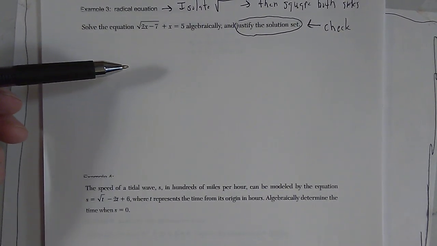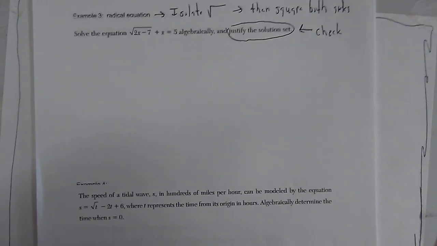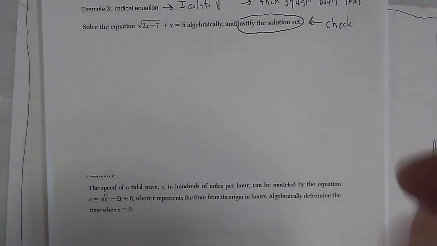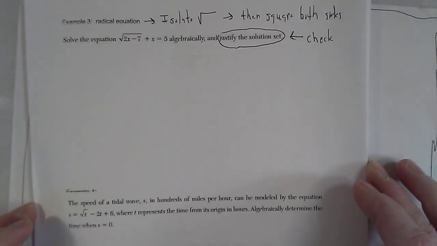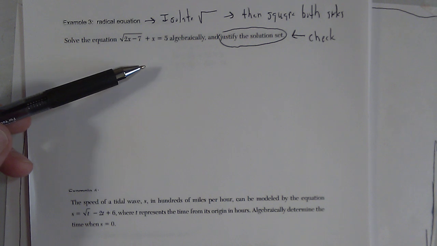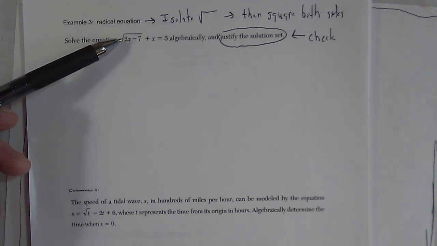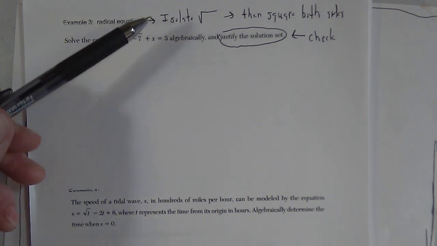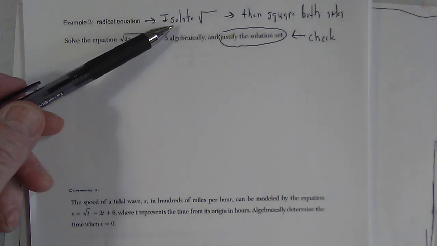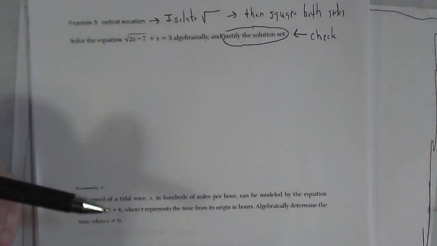Ooh, a little shaky. Okay, so equation type 2 is a radical equation. A radical equation has a radical in it. The steps to solve a radical equation are: you want to get the square root by itself using algebra, and then square both sides.